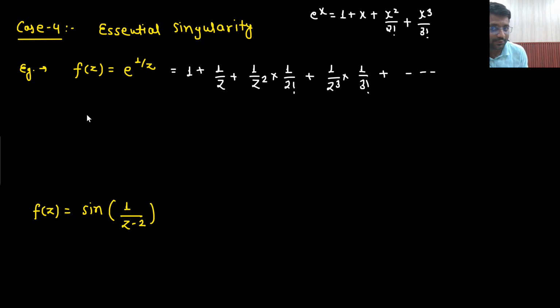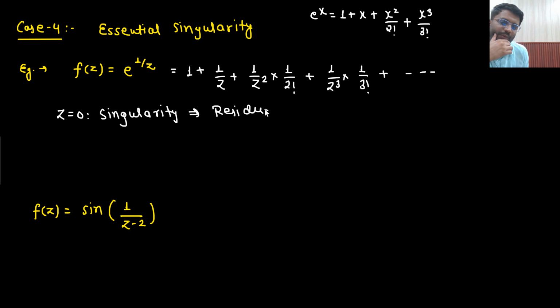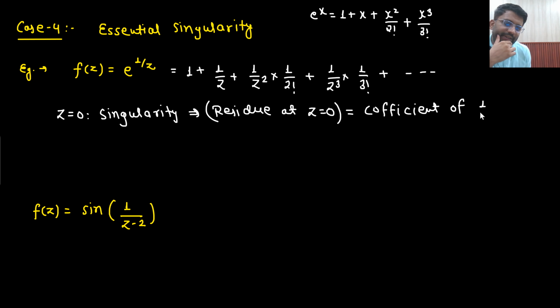Now you know that z equals 0 is a singularity. So what is your singularity? z equals 0. That means what you are supposed to find out? Your residue at z equals 0 will be equal to the coefficient of 1 by z in f of z.